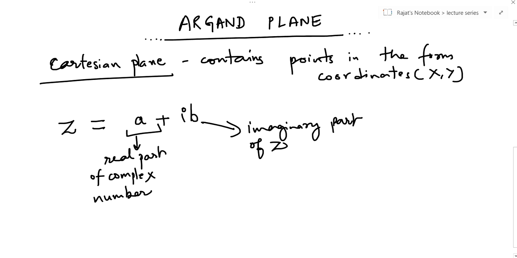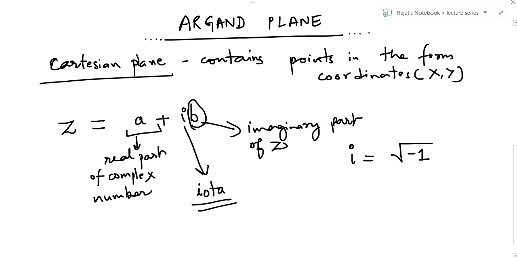And how to identify the imaginary part? Simply the component that is connected with the i. This i means iota, and mathematically speaking, i is nothing but the square root of minus 1, so that we have i square is equal to minus 1.